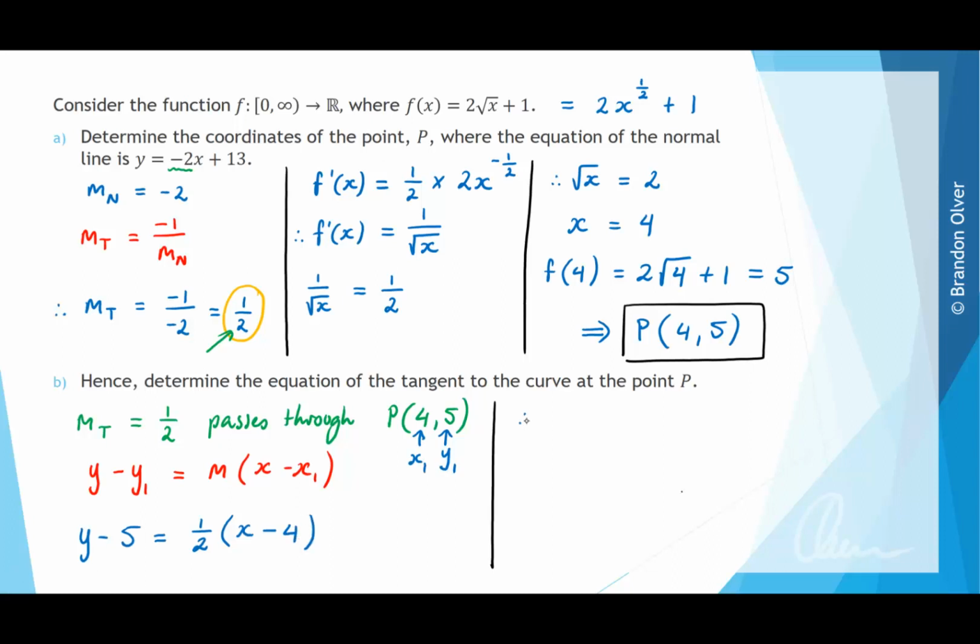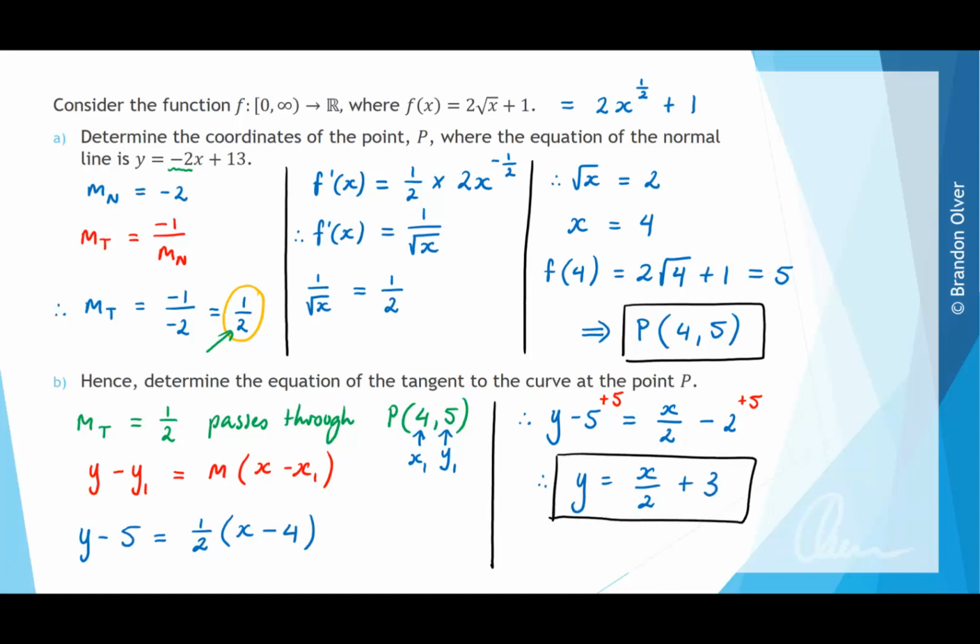Then simplifying that, we'll find that y subtract 5 is equal to x divided by 2 when we expand the brackets, subtract 2. If we add 5 to both sides of the equation, we'll find y by itself, and that will give y is equal to x divided by 2 plus 3. So that is the equation of the tangent line to the point P, which is what we were asked to find in part B.